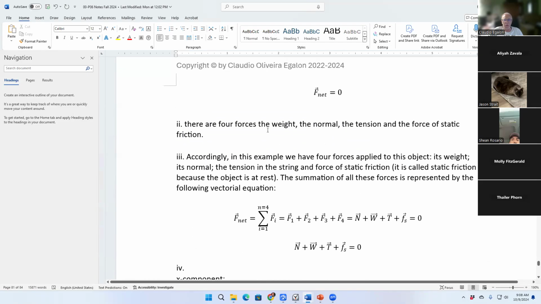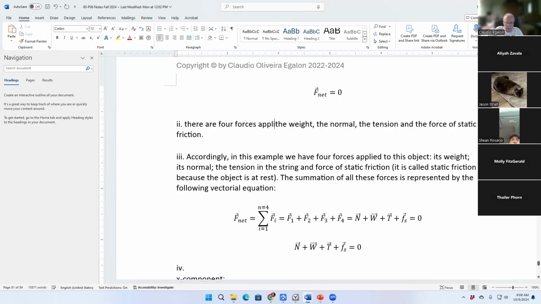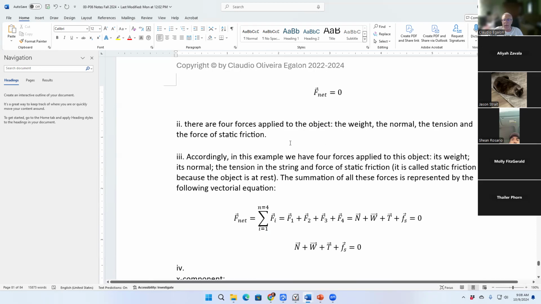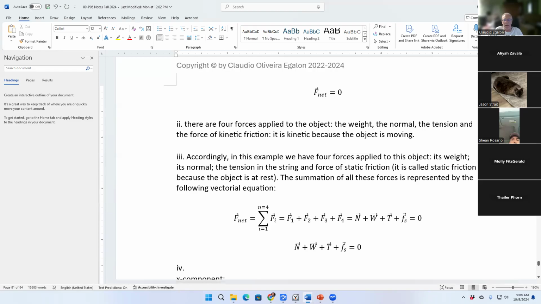There are 4 forces applied to the object: the weight that's always there, the normal, the tension, and the force of kinetic friction. It is kinetic because the object is moving.